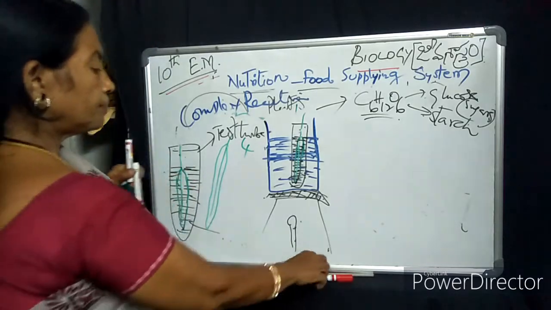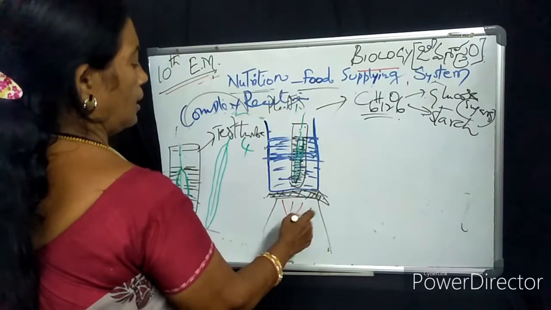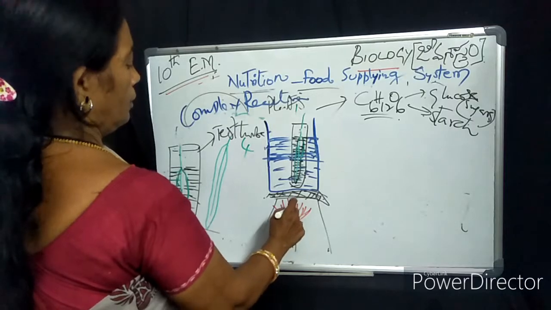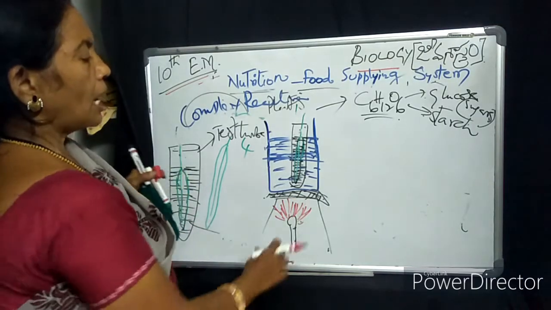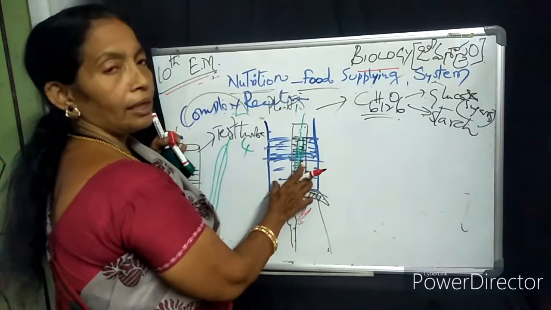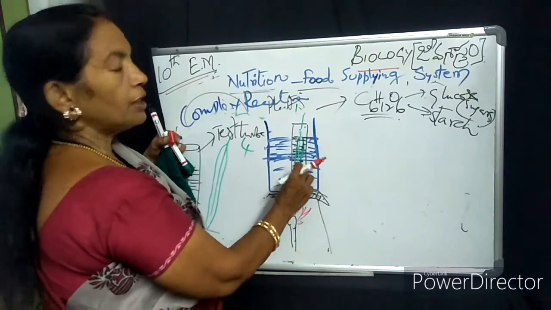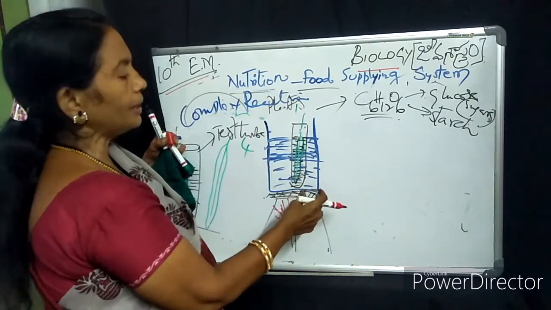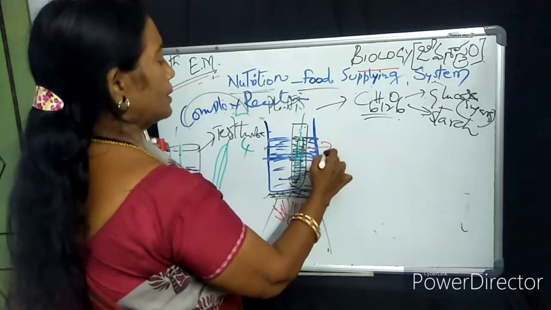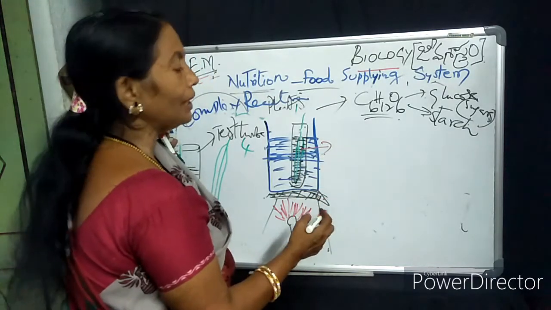So we have to light this Bunsen burner. After 20 or 30 minutes, the water will boil, the methylated spirit will get heated, and the leaf will turn pale in color.